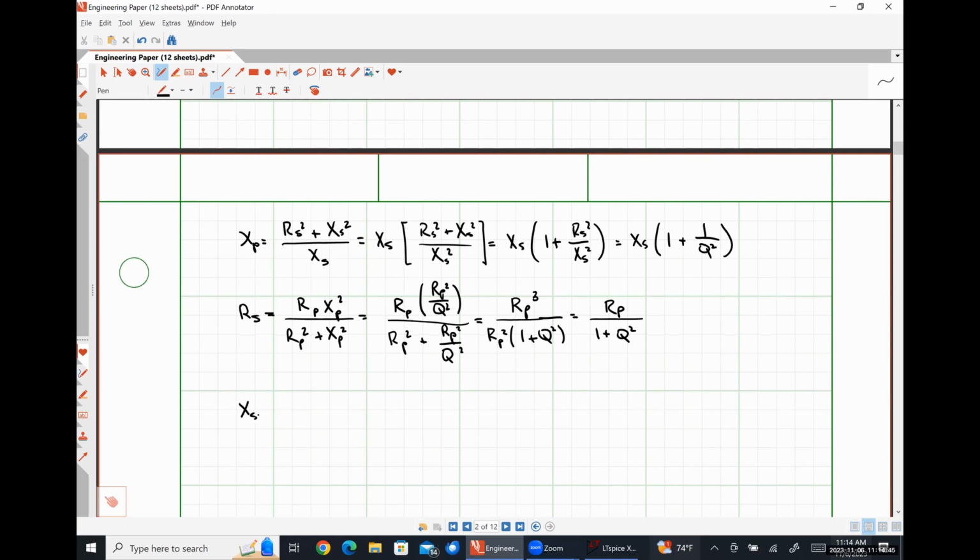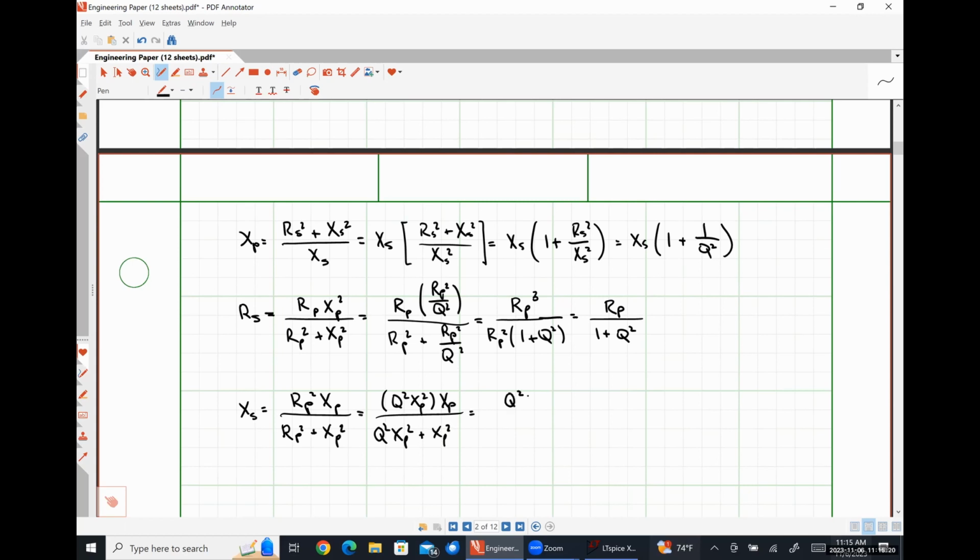We have Xs is equal to Rp squared Xp divided by Rp squared plus Xp squared. And I am going to replace all of my Rp squareds with Q squared times Xp squared. That's going to look like Q squared Xp squared Xp over Q squared Xp squared plus Xp squared.